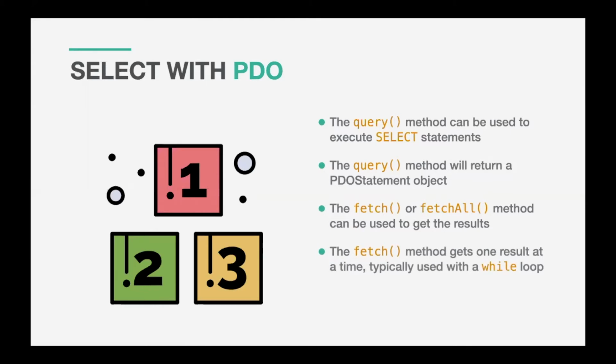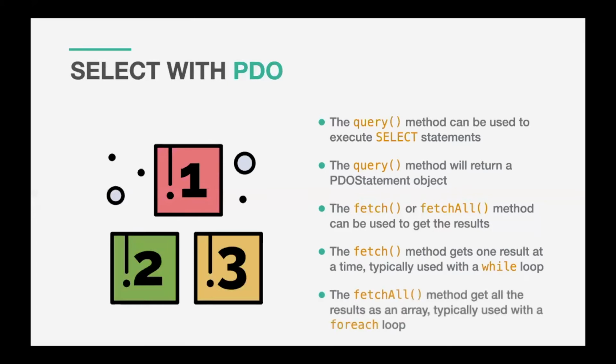The fetch method will get one result at a time. So for example, if we wanted to retrieve all of the movies from our movies table, we would get one movie at a time. Then we would use a while loop to retrieve the next one, because the fetch method is smart enough to know that we've already retrieved the first row, so now we're going to retrieve the next row, and the next, until we run out of rows.